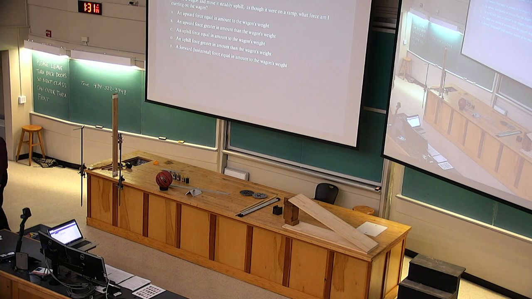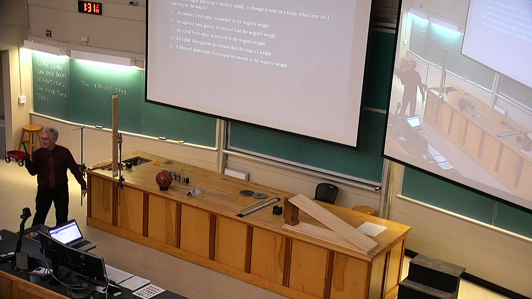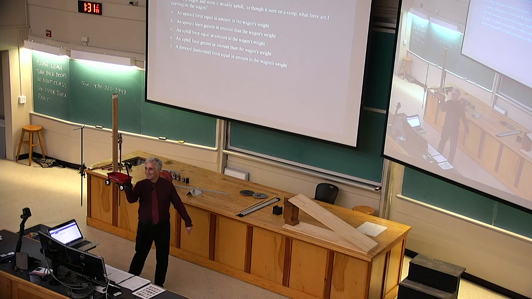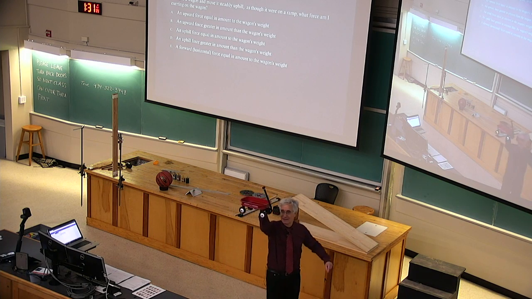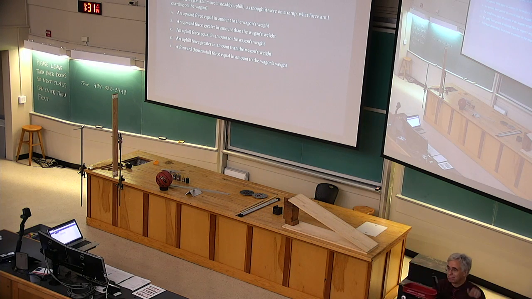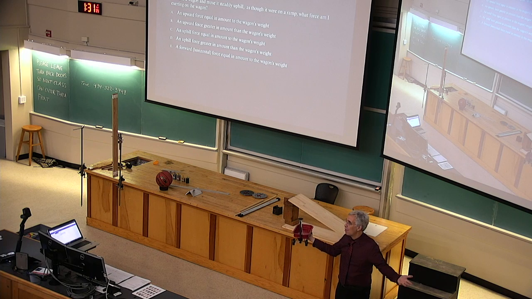So that was horizontal. Did it really matter that I was doing it horizontally? If I go up a little bit, so it's still constant velocity, what's the net force on it? Still 0. It's coasting, because it's going at constant velocity. It may defy your intuition, but if it was moving straight and true, steady, it wasn't accelerating the whole time, so the net force on it had to be 0.